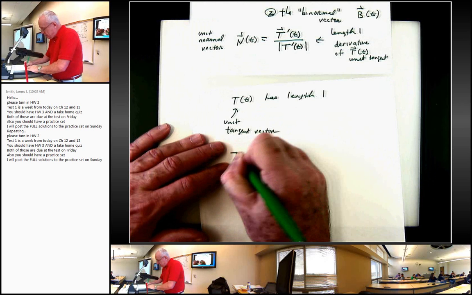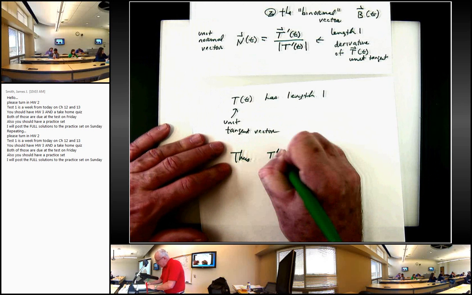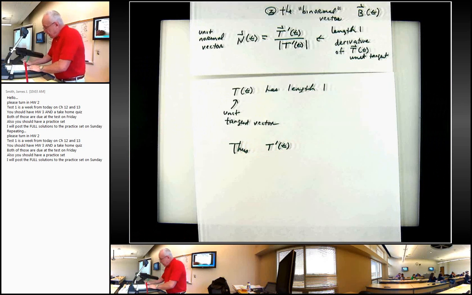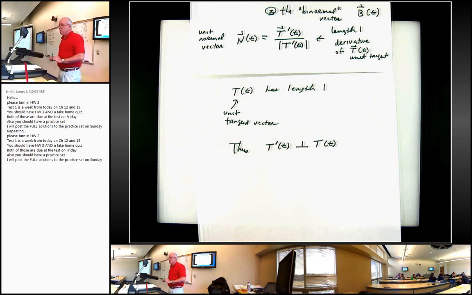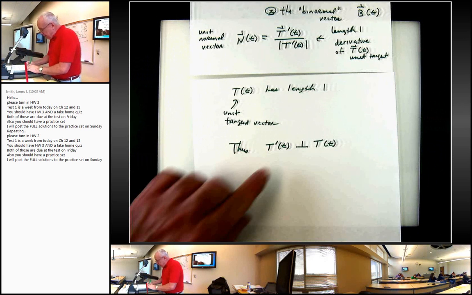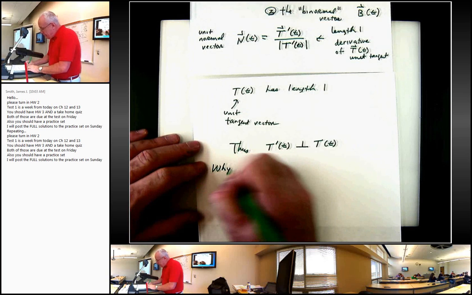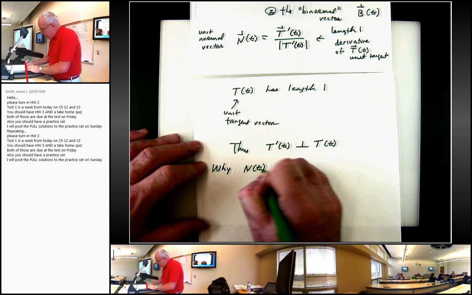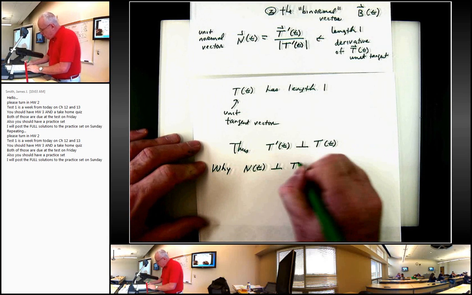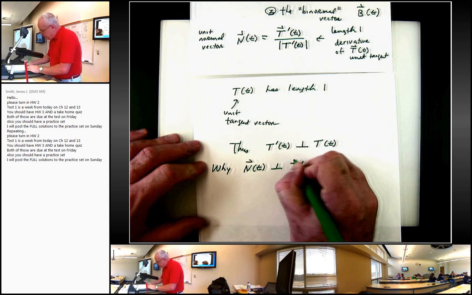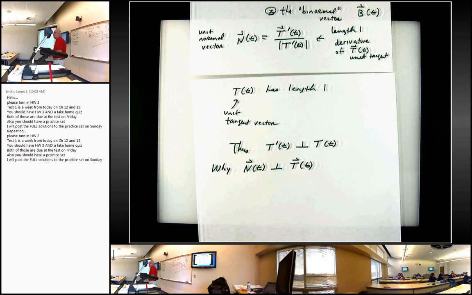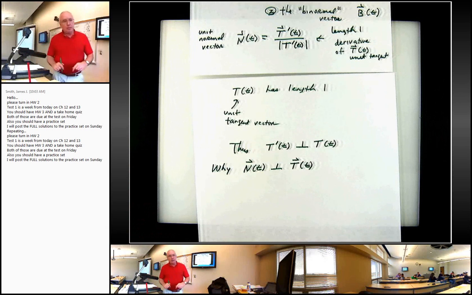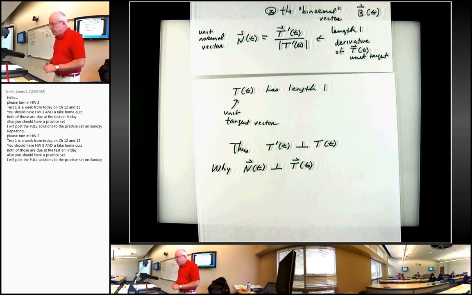Thus T prime of t, its derivative, is going to be perpendicular to it. And that's why the capital N vector is perpendicular to the unit tangent vector. It's because of that theorem we talked about.